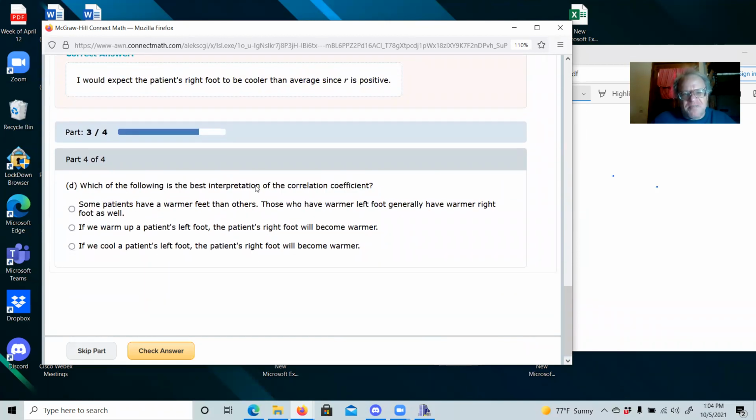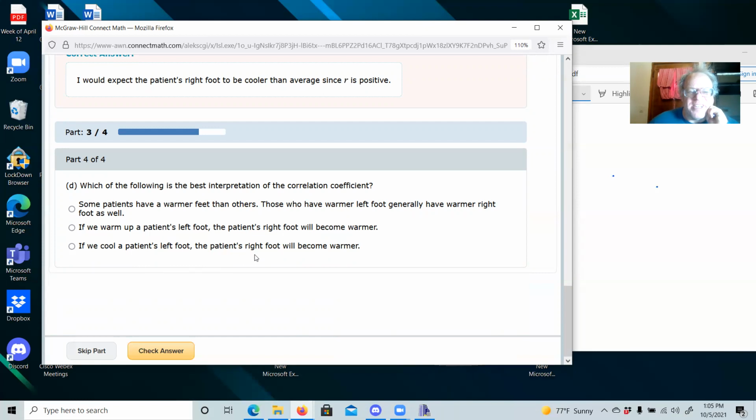All right. Which is the following best interpretation of a correlation coefficient? Again, these are the things you got to pay attention to. Some patients have warmer feet than others. Those who have warmer feet in the left foot generally have warmer feet in the right foot as well. I like that. If we warm up the patient's left foot, then the patient's right foot will become warmer?